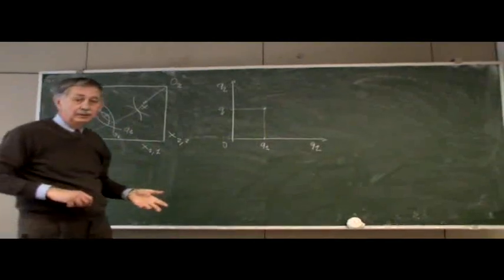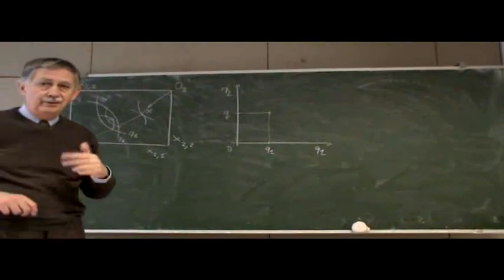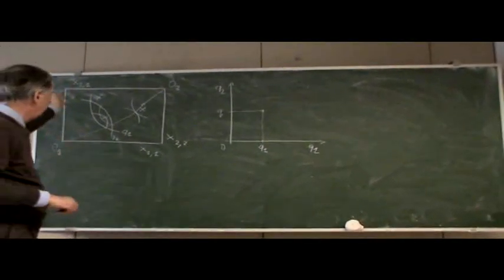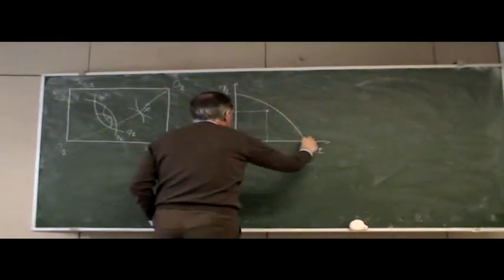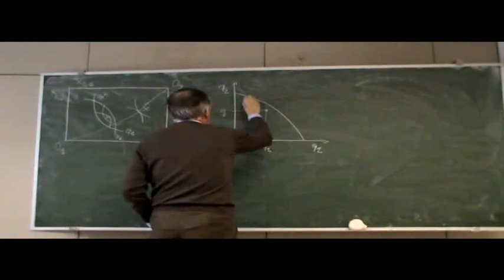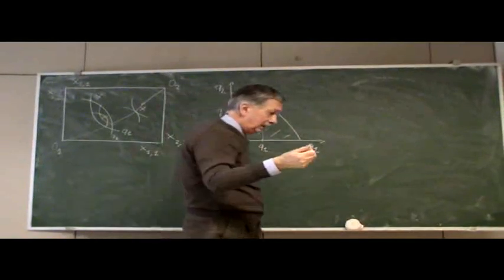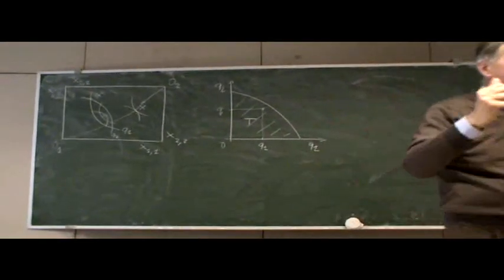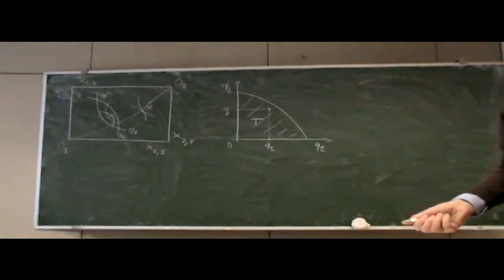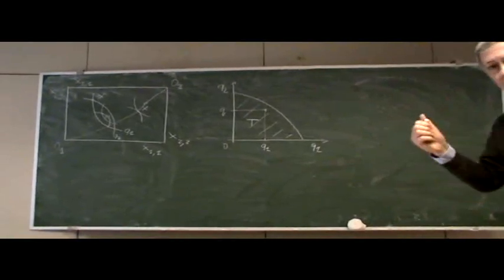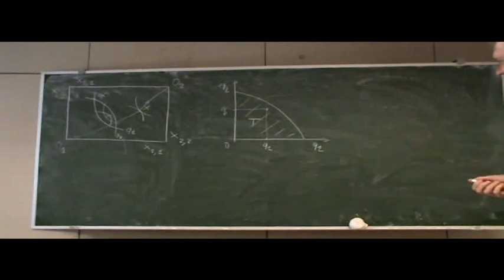Well, you can repeat this procedure for every allocation x in the box. We obtain a set, which we'll name T, of all the possible pairs of good 1 and good 2, which can be obtained by allocating in every way the available quantities of factors between our two production sectors.